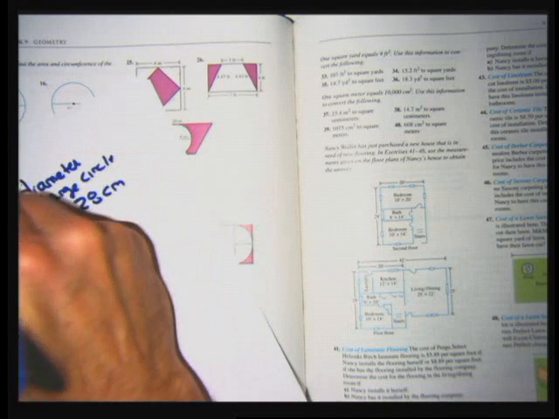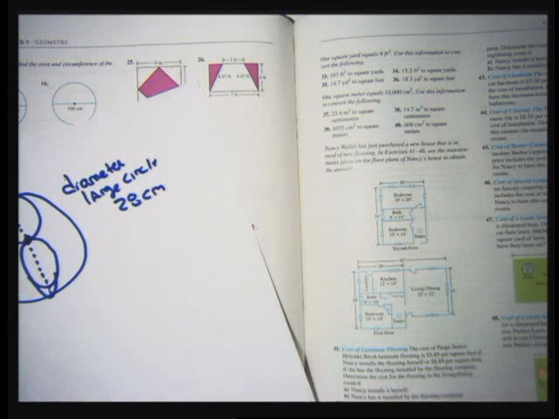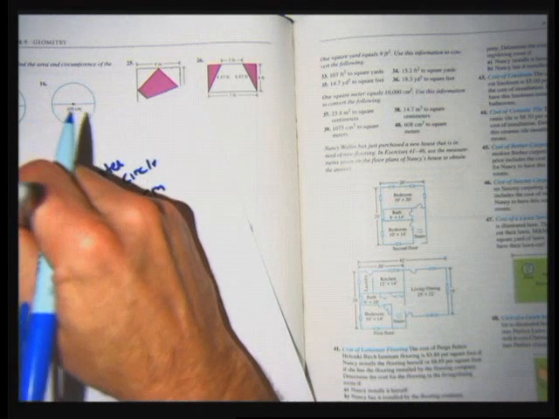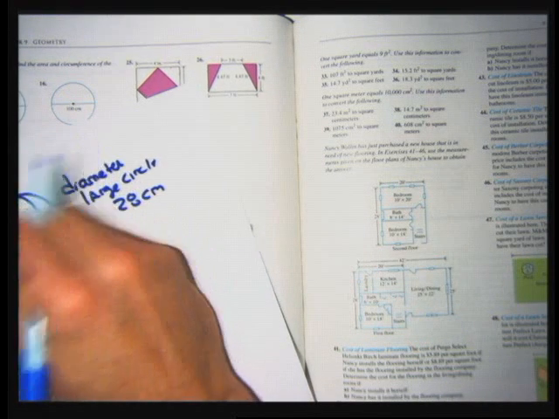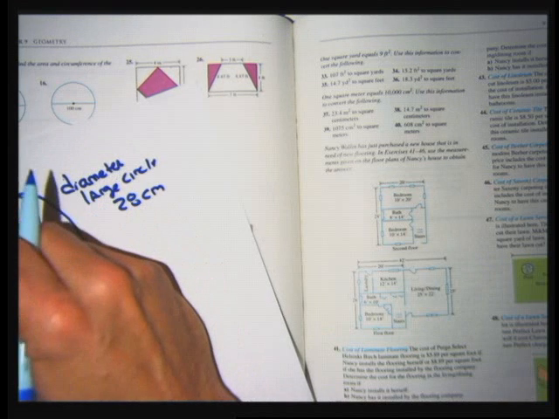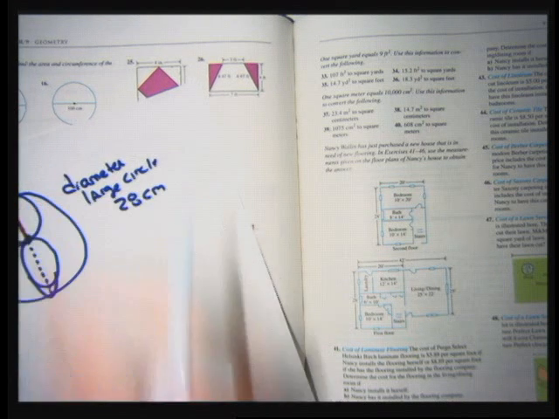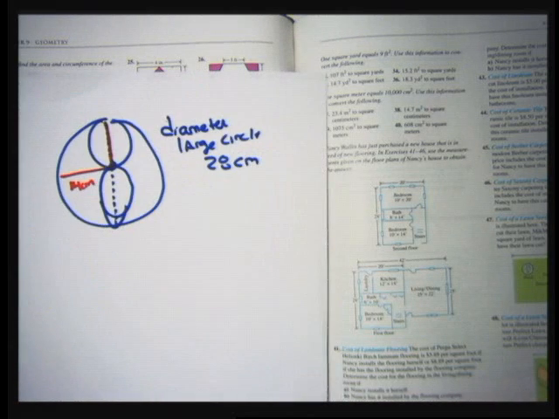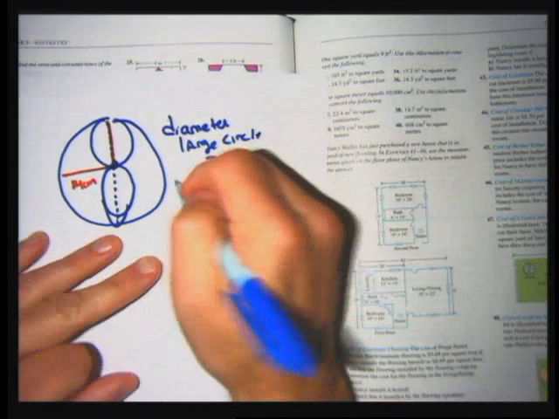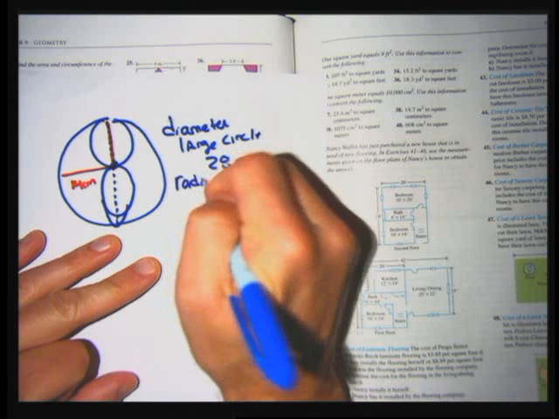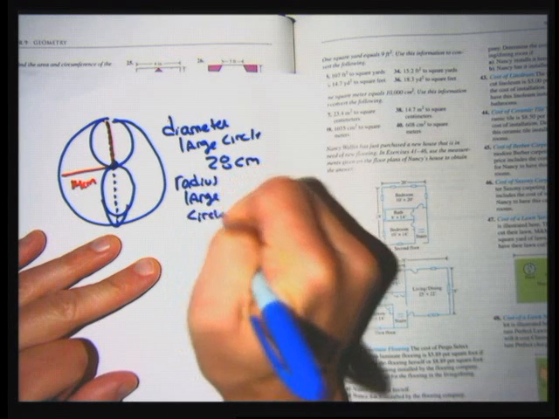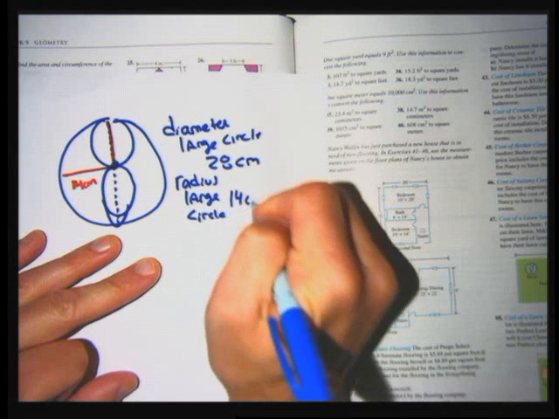So that would mean the radius of the big circle is going to be 14 centimeters. So the distance from the center of the big circle to the edge is 14 centimeters. So the radius of the large circle is going to be 14 centimeters.